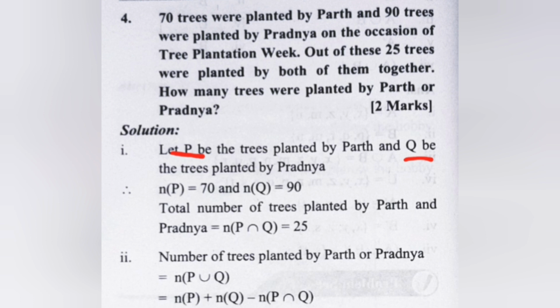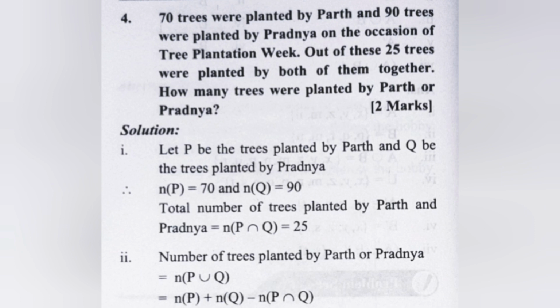Total number of trees planted by Parth and Prajna is equals to number of P intersection Q, and that is 25. Okay, so this is the number of trees they planted together. Okay, it is given.